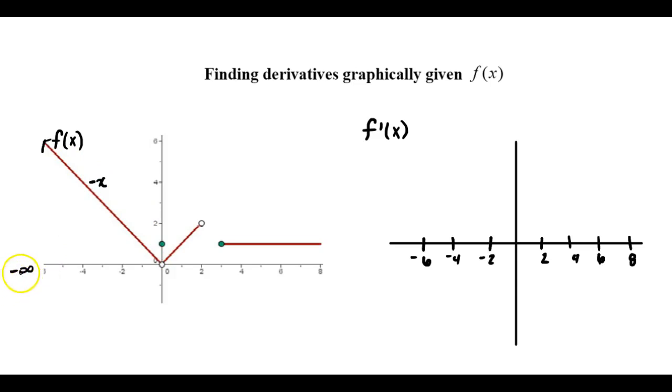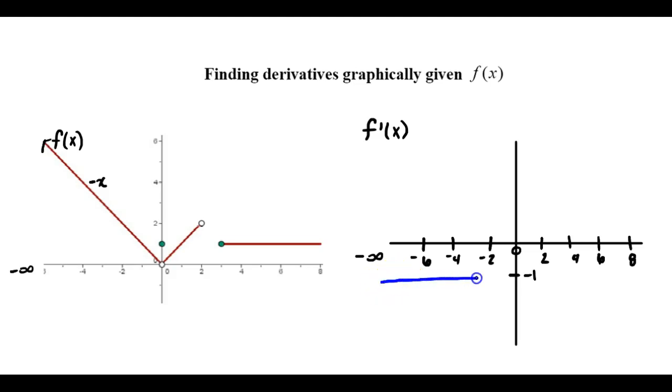So for any value from -infinity all the way up to 0, the derivative is always going to be -1. So on the derivative graph over here, the derivative graph anywhere from -infinity all the way up to 0 is going to be -1.